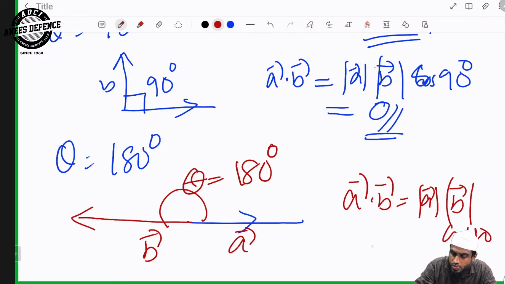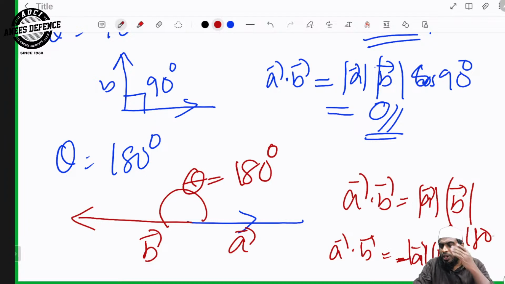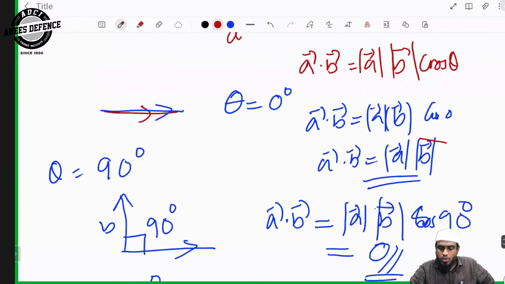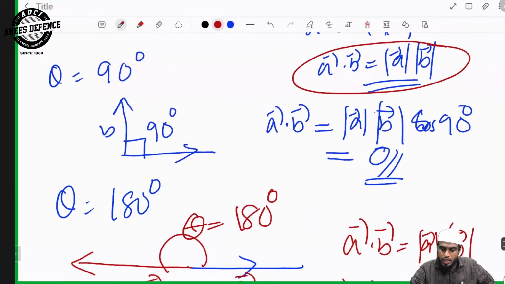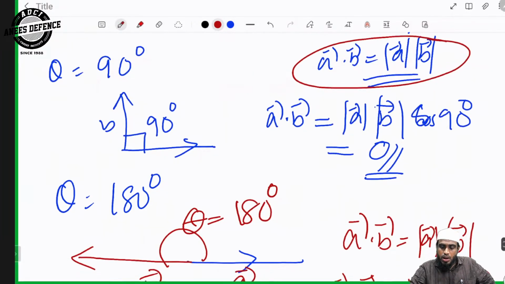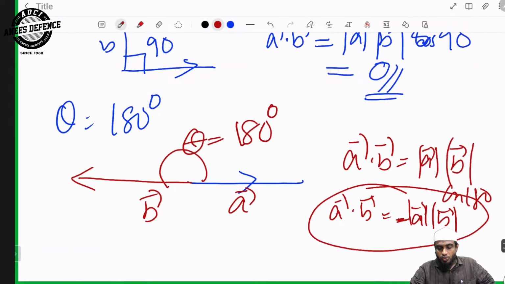Cos 180 is minus 1. So A dot B can be represented as minus magnitude of A into magnitude of B. So these are the cases. Theta can be 0 degree, 90 degree, or 180 degree.